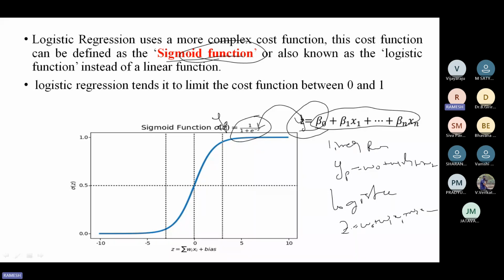So this is not a y predicted value. The y predicted we can calculate as 1 by 1 plus e power minus z. Here this equation gives us continuous values that we substitute, and that will be converted to the categorical values for classification purposes. Except for that, everything is the same. That's why I've said both are parametric methods. Linear regression and logistic regression both are parametric methods and follow an equation and find the unknown variables.